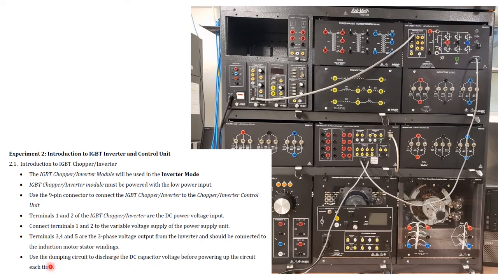Anytime you turn on this DC, or decrease it, some voltage remains in this capacitor, and it requires some time to dump. So it says use the dumping circuit to discharge the DC capacitor voltage before powering up the circuit each time.